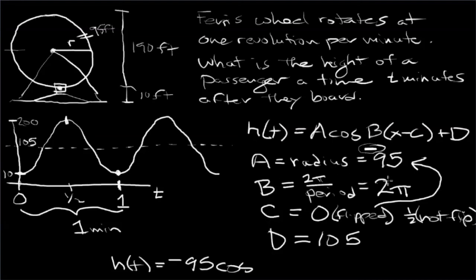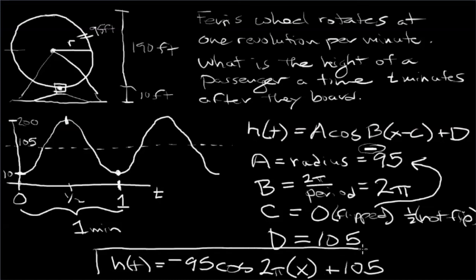And then B is 2 pi times x. We didn't shift it at all, so I could actually put minus 0 here or just put x and be done with it. And then plus 105.